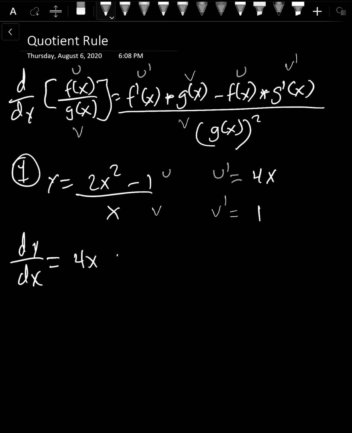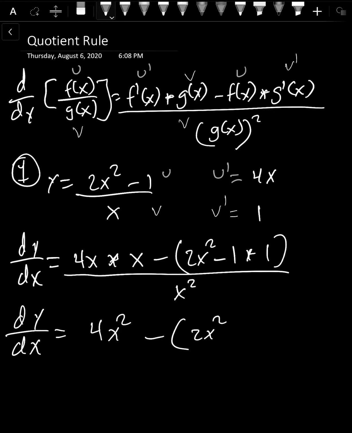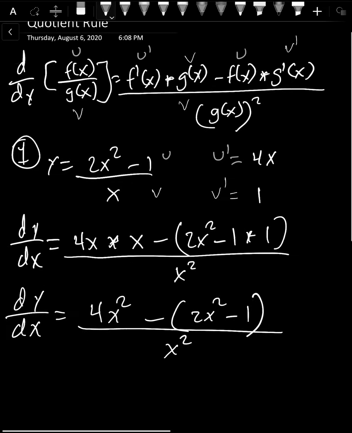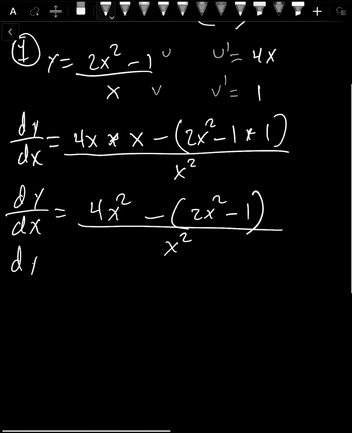So let's simplify things. dy over dx is equal to 4x times x, which is 4x squared. Let's solve whatever is inside the parentheses first. So 2x squared times 1 is going to be 2x squared, minus 1 times 1 is equal to 1, right? All this over x squared.